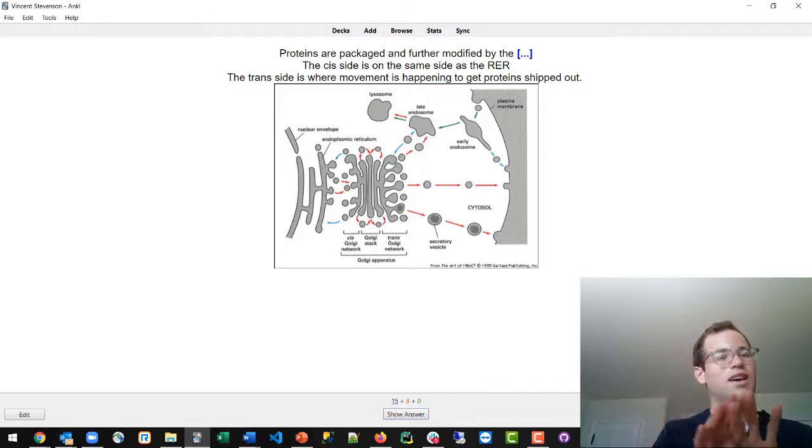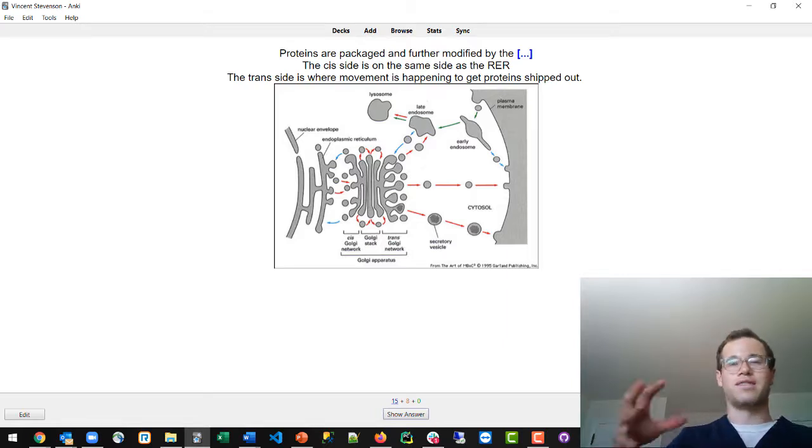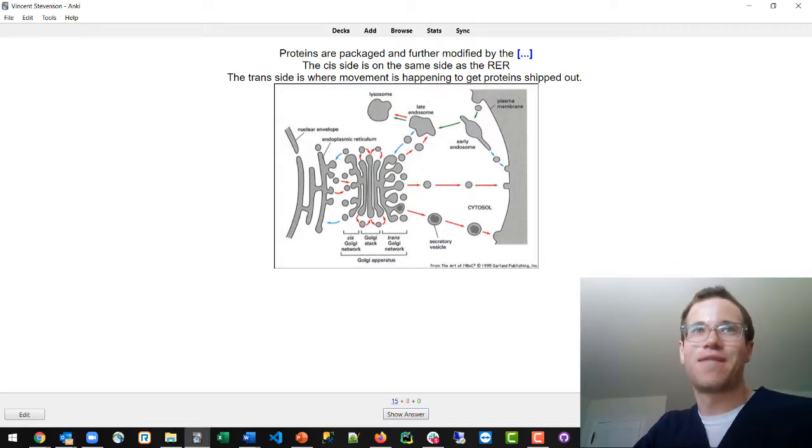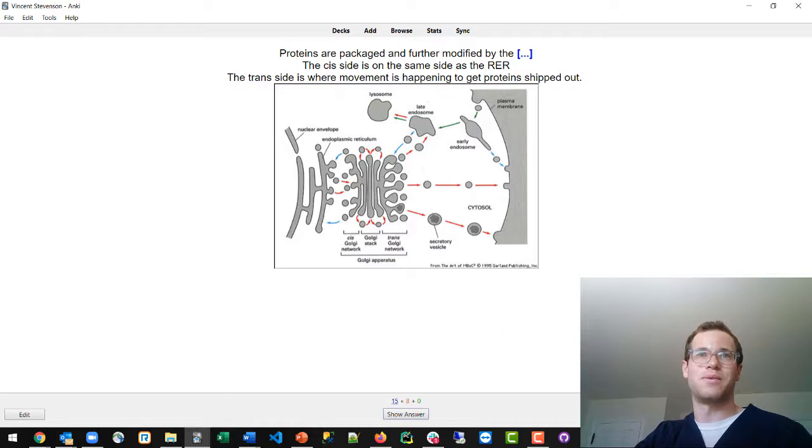It has a cis side or face, which is on the same side as that endoplasmic reticulum. And then we've got the trans Golgi side, or the trans Golgi network, and this is where you've basically got this shipping center. It's like an Amazon warehouse with a bunch of stuff leaving to go off somewhere and ship these proteins out that are being made by your RER.